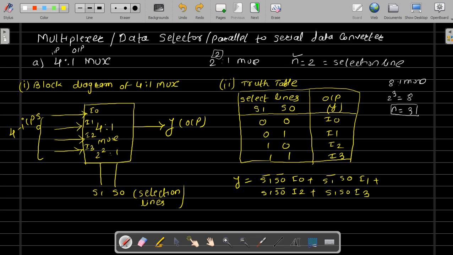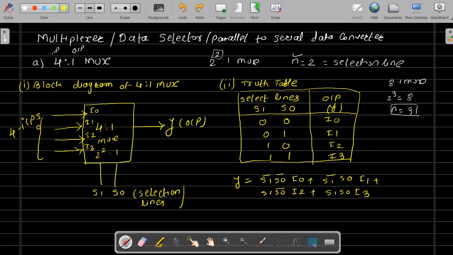So this is how I can make the truth table of the mux. From this I can write the output equation. When I0 is active, S1 and S0 are 0 0. As it is 0, I write the complemented form, 0 indicates complement, the bar.